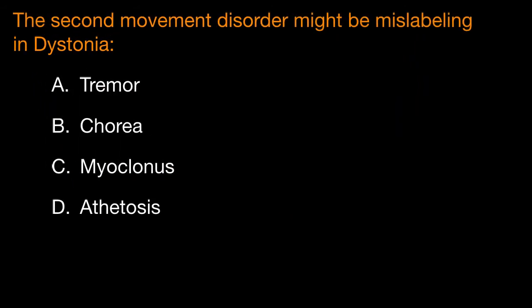The next problem is the failure to recognize a second movement disorder that coexists in a patient with dystonia, leading to mislabeling an isolated dystonia as a mixed or combined movement disorder. Such combinations are dystonia and tremor or chorea and tremor.